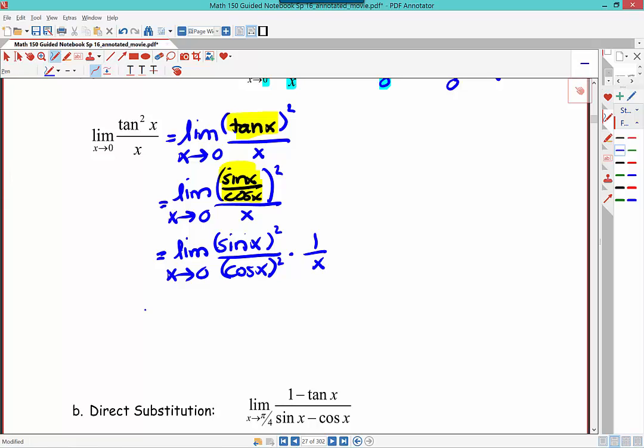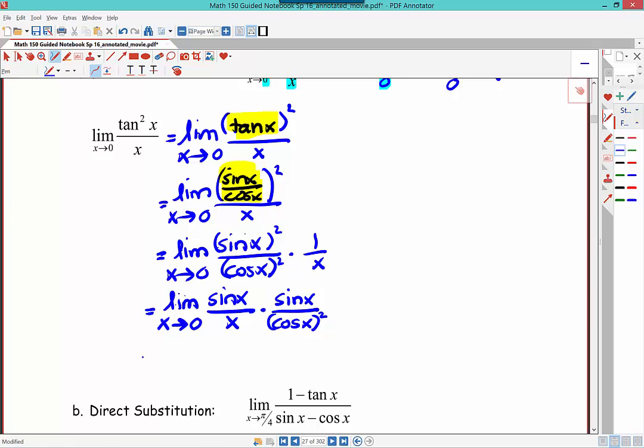So basically, this is what we're going to do. We're going to use some trickery and say that we get the limit as x approaches 0 of one of the factors of sine at x, and then we're going to put that with that x, right? And then we still have another factor of sine at x that we need to use, and that's over cosine at x squared. Cool so far?